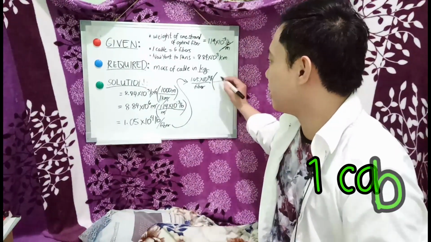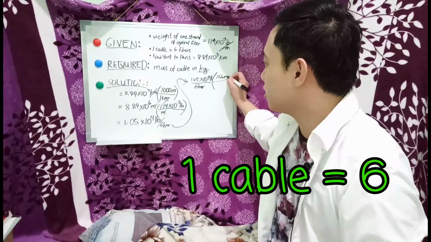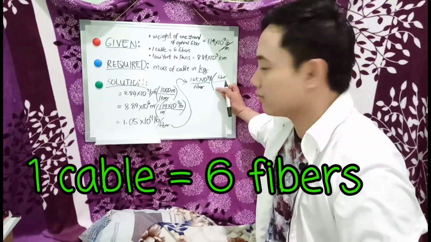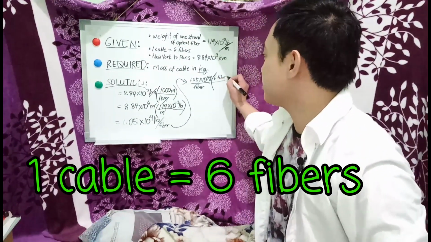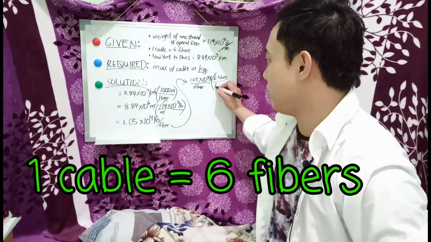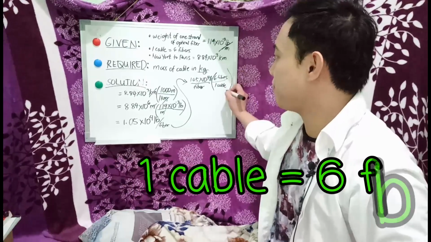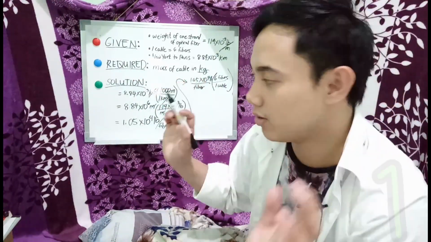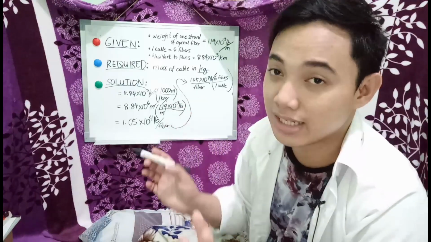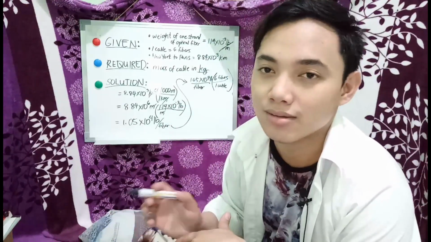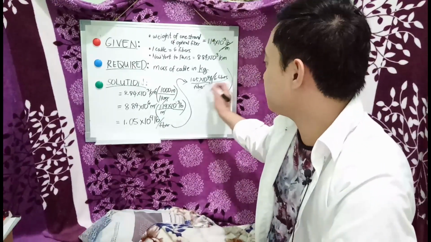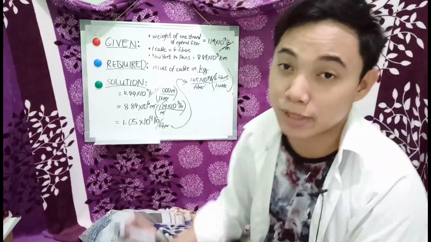Sa isang fiber, merong 6. So, 6 fibers sa isang cable. Kasi yung required natin dito, mass of cable in kilograms. Cancel out natin yung fiber. So, matitira is pounds per cable.